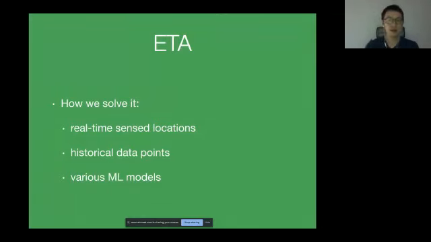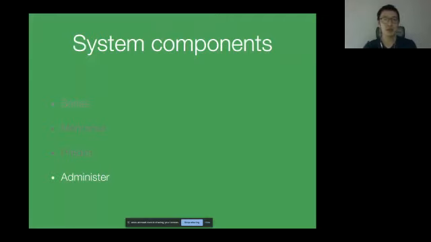All right, I think I almost finished my talk. We have gone through how we sense the real world, how we memorize this data, and then how we predict routing and use the routing to predict our ETA.